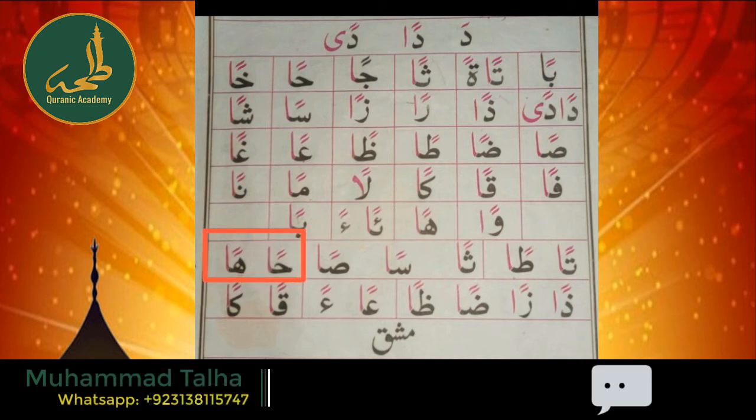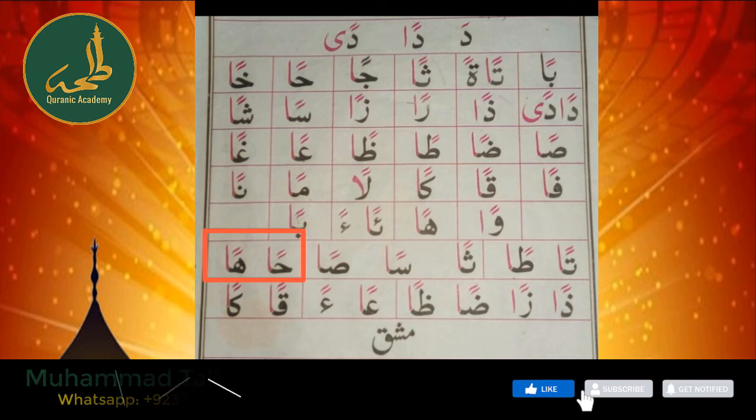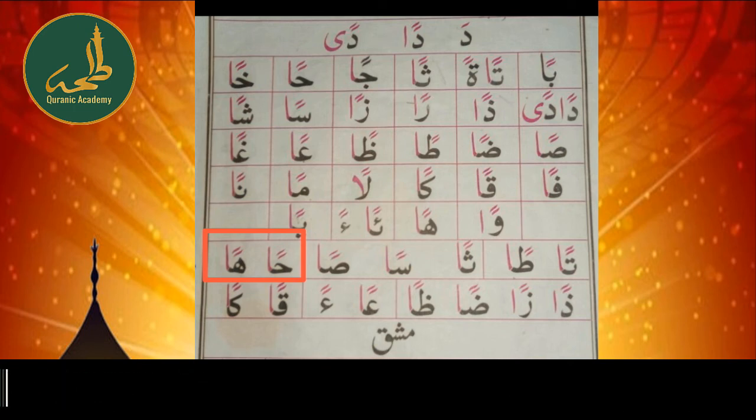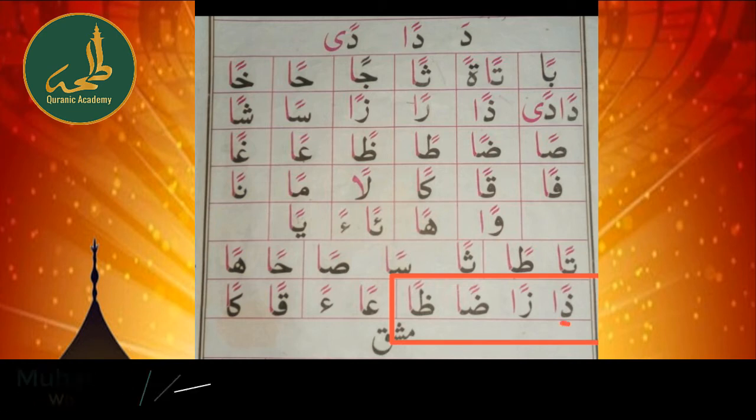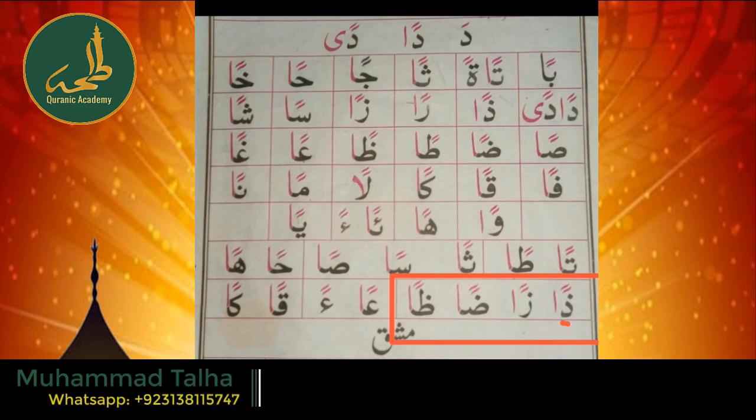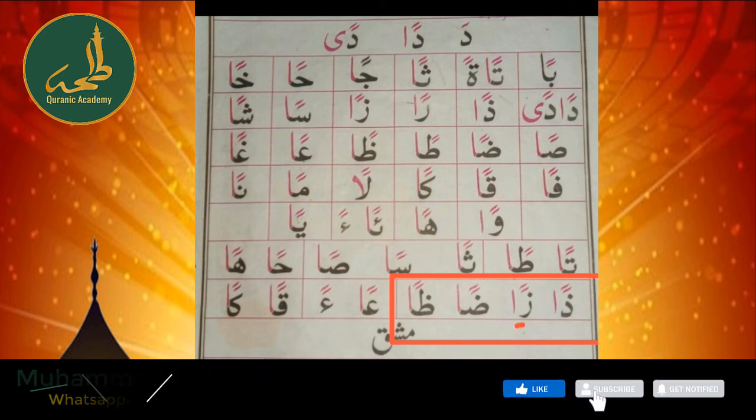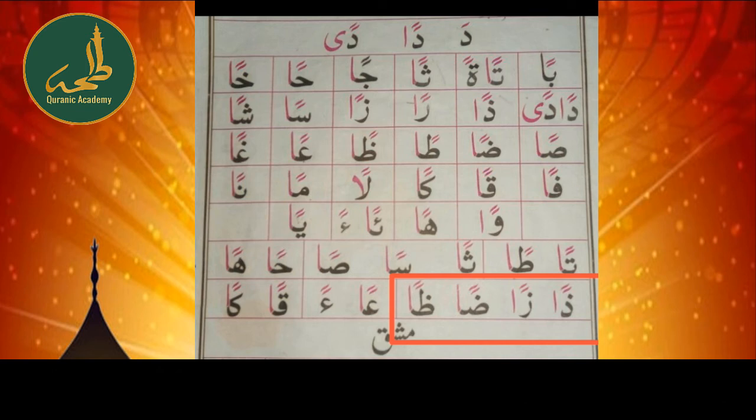These two, one is ha and the other one is ha. The first one is ha do zabar han. The next one, ha do zabar han. These four are the tricky ones. Dal do zabar dhan. Za do zabar zan.